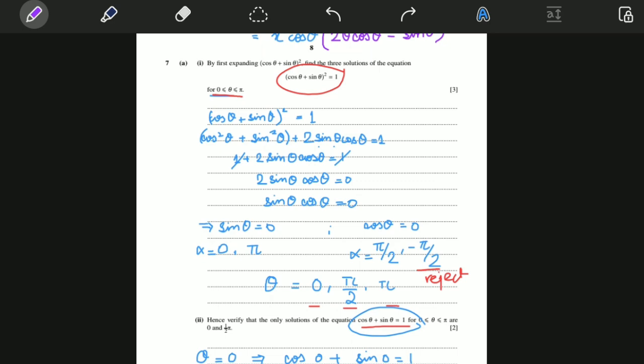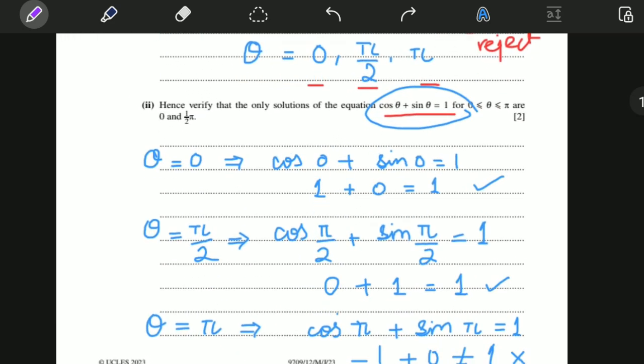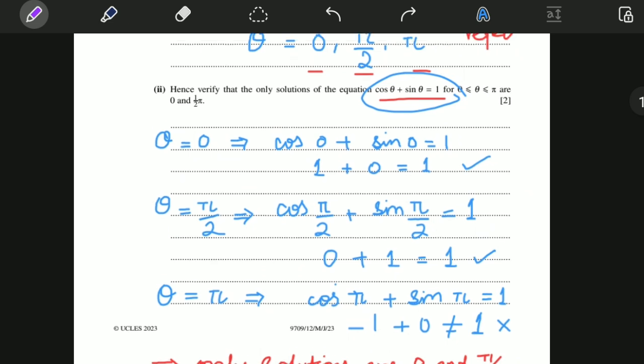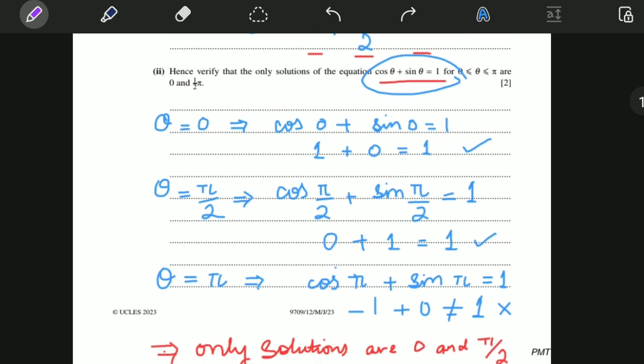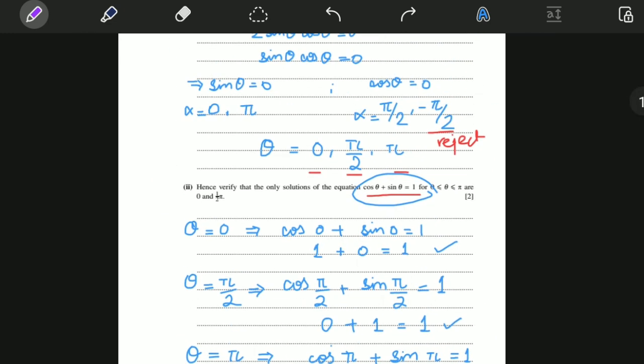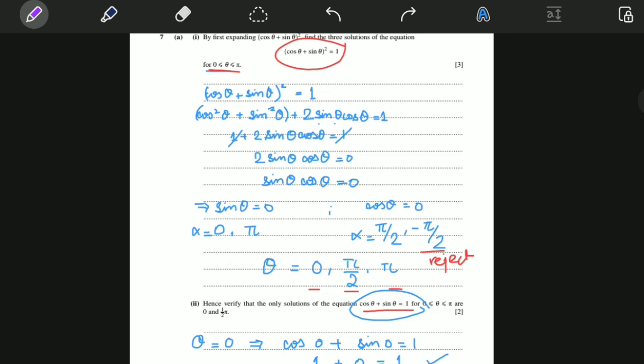Now let's move on to part B. Hence, verify that the only solutions of the equation for the given range are 0 and pi by 2. Okay, now see, first they have given you (cos theta plus sine theta) whole square is equal to 1.